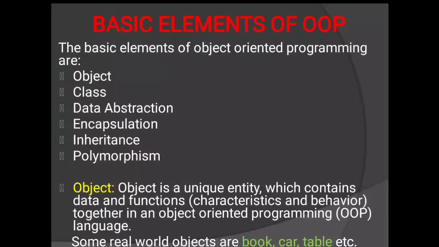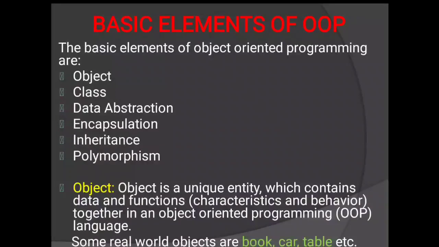Next is the basic elements of OOPS, or basic principles of OOPS. The basic elements of object oriented programming are object, class, data abstraction, encapsulation, inheritance, and polymorphism. See, an object is an entity which binds data and function together.